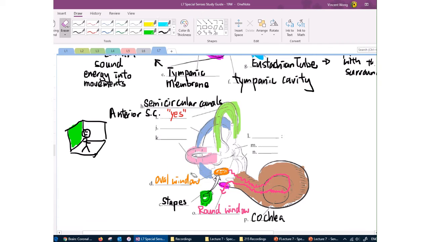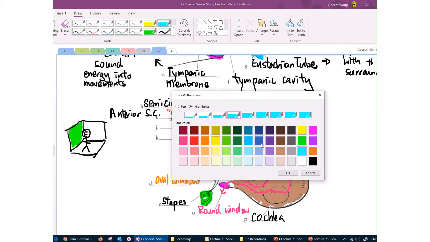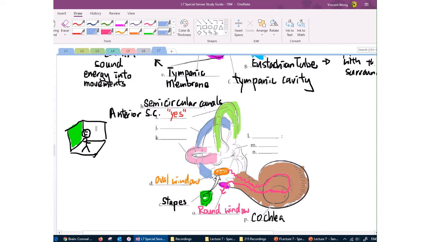This one here, the one at the back, the posterior semicircular canal, is going to be parallel to this wall here, and so the motion that will stimulate it would be when you tilt your head to the side. Okay, when you tilt your head to the side, or if you're doing a cartwheel. Okay, so cartwheel is like this, right? You rotate this way.